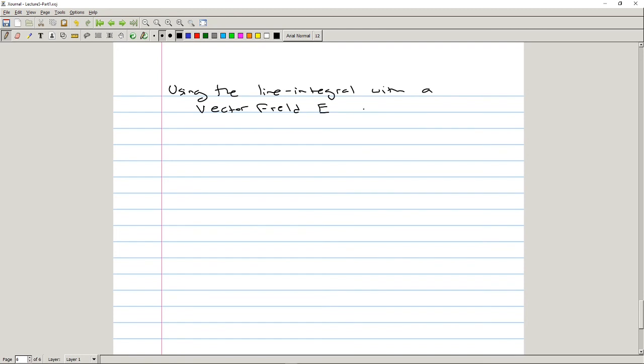Sometimes some sources don't distinguish the line integral of a vector field and the line integral of a scalar field. I think it's really important to distinguish between the two, because in a very real sense, as we're going to see, the line integral of a vector field is going to be defined using the line integral of a scalar field.